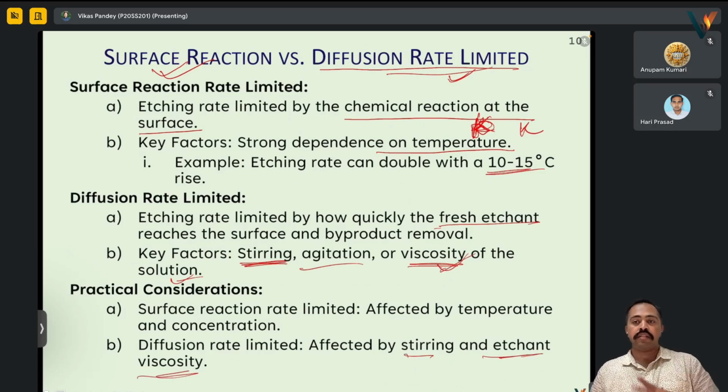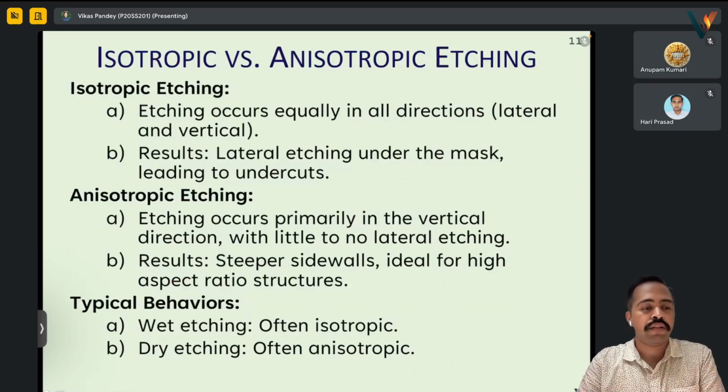Less viscous, it will easily move inside the liquid, as well as if you are stirring and agitating continuously, you will be able to remove the byproducts, and the fresh, unreacted etchant will move towards the surface. Then, yeah, till here, any questions?